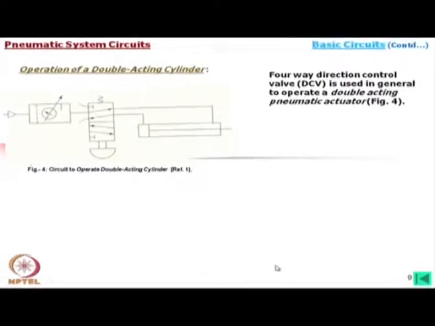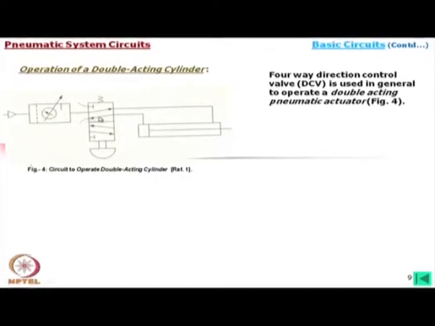Okay. So, this is a very simple single acting cylinder operation. Now, if we consider the double acting cylinder, we find there are 5 ports. Sometimes we can consider these two as common because both are exhaust, but in many cases a valve might have 2 exhausts.